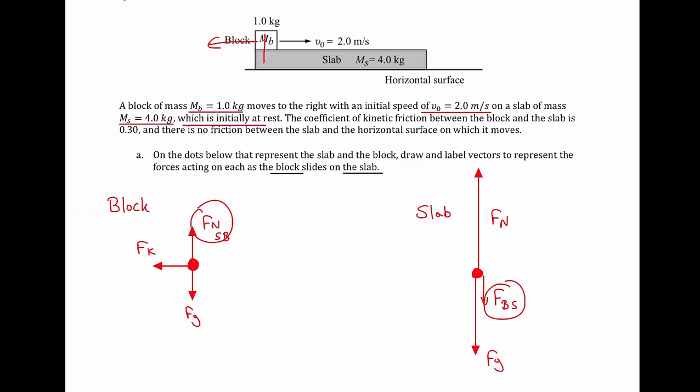And now, since there was a friction from the surface of the slab to the block, this force will have an equal and opposite reaction, so there will be a force of friction from the block to the slab.